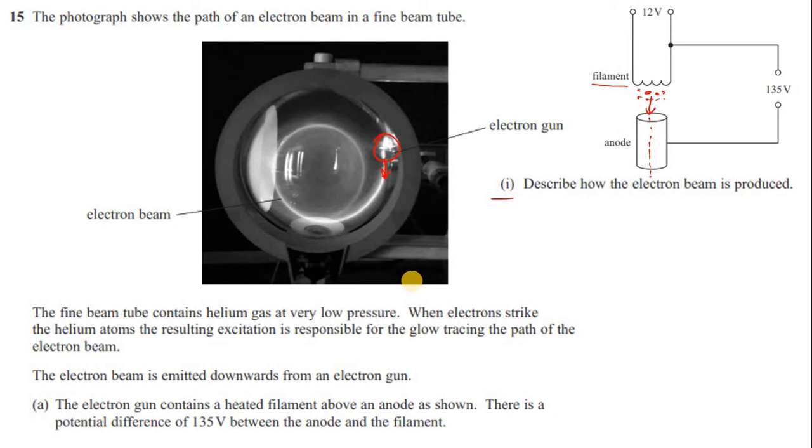So that's how we get an electron beam, by heating a filament. Sometimes we also call this thermionic emission. And with the anode we have an electric field, so electrons are accelerated to form an electron beam.